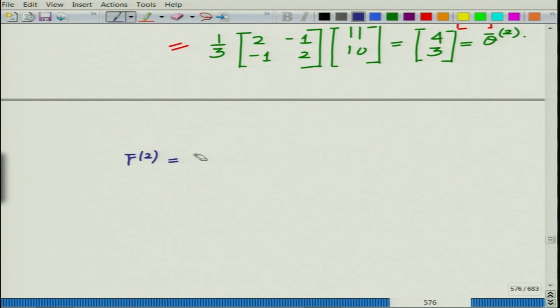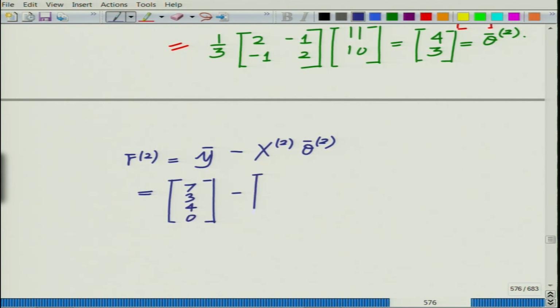This is basically y bar minus x2 theta bar 2, which is (7, 3, 4, 0) minus the matrix (1, 0, 1, 0) times (4, 3).